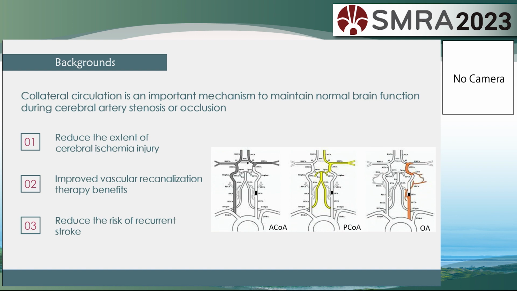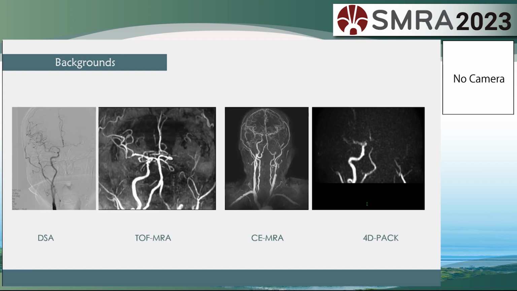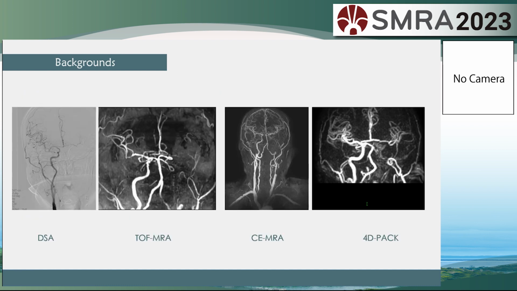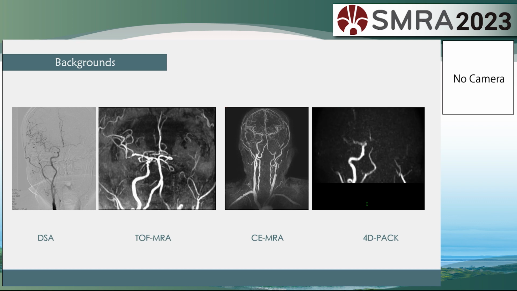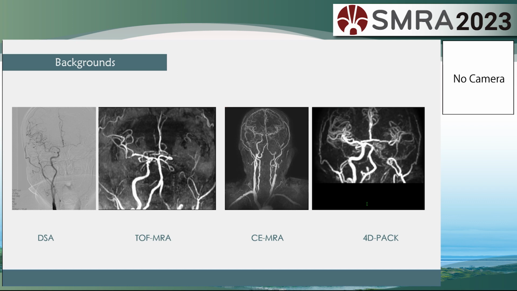Collateral circulation is an important mechanism to maintain normal brain function during cerebral artery stenosis or occlusion. DSA remains the clinical gold standard, while it has invasiveness and ionizing radiation exposure.